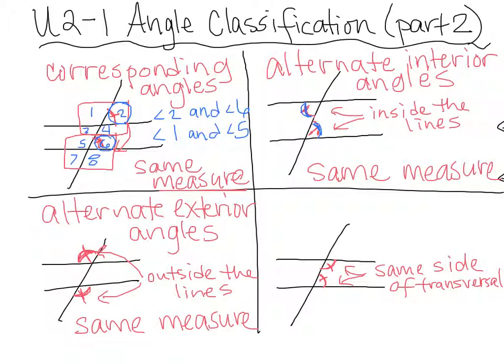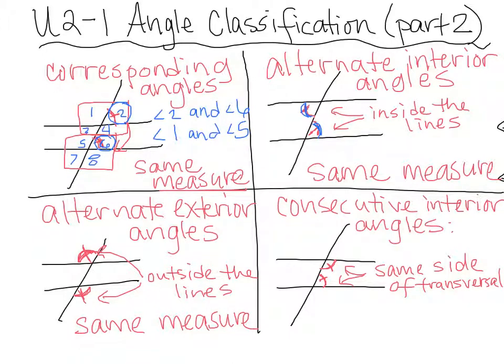These we call consecutive interior angles. Okay, that word consecutive can mean like one right after the other. Okay, so here, these two angles, they're one right after the other, one right next to each other, okay, inside those parallel lines. So they are consecutive interior angles.